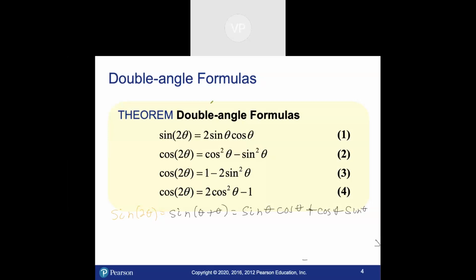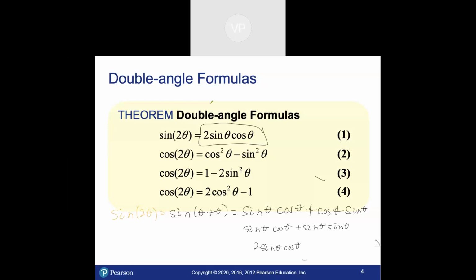Well, it so happens because they're the same angle, this is essentially sine, cosine, and another sine, cosine, and that becomes 2 of them. So that's how they got this one right here.